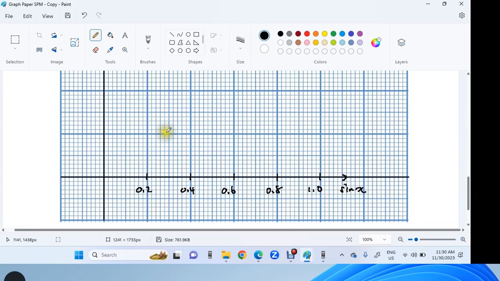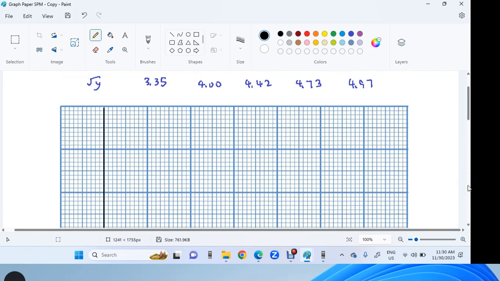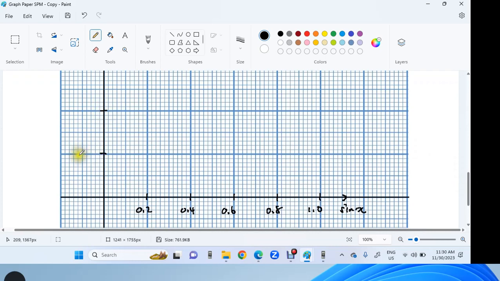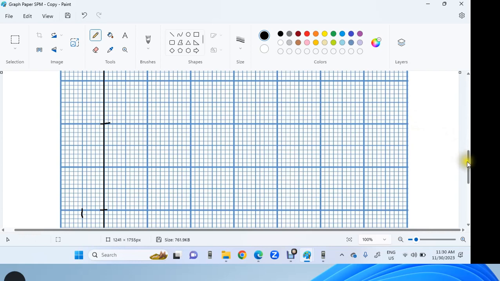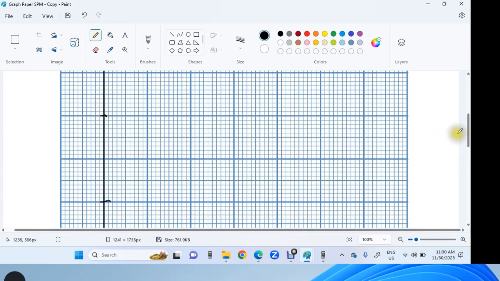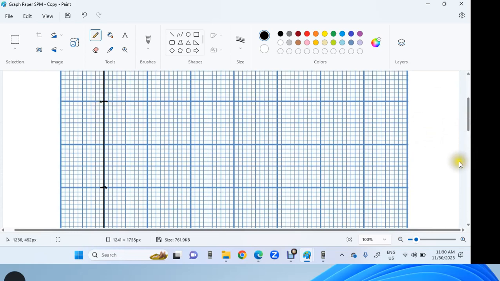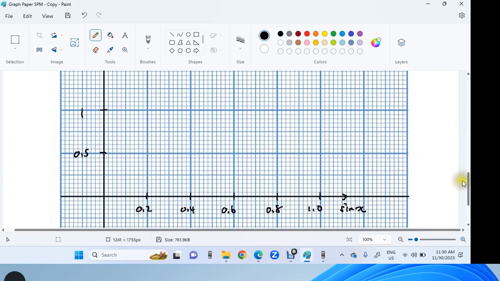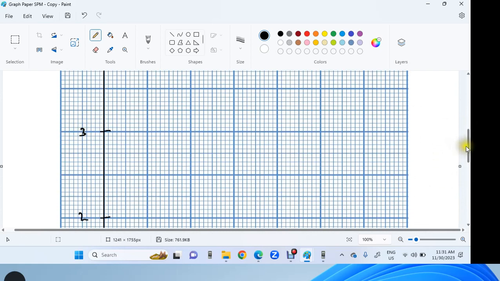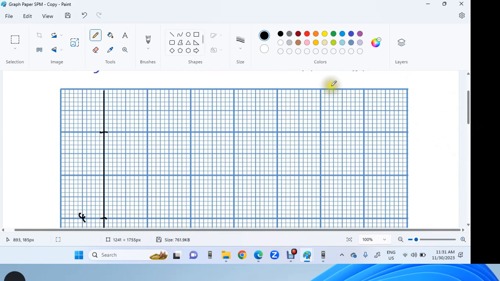And we have this one until 5. So 1, 2, 3, 4, okay, 5. So we have 1, 2, 3, 4, and 5 here. This is the value of square root y.